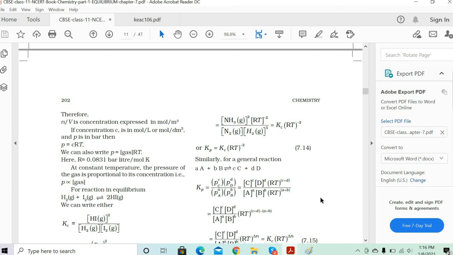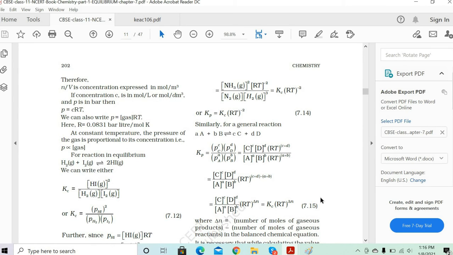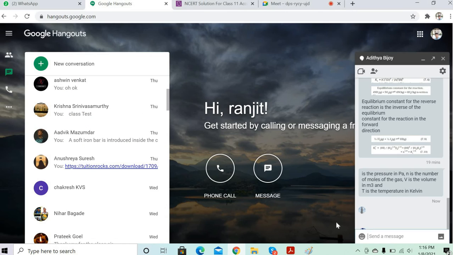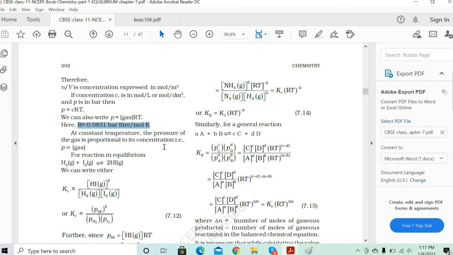Now what is R here? R is the constant of proportionality, given as 0.0831 bar liter per mole Kelvin. Just write down this part. Here R is constant, and the rest everything has a value. This is the important gas equation.